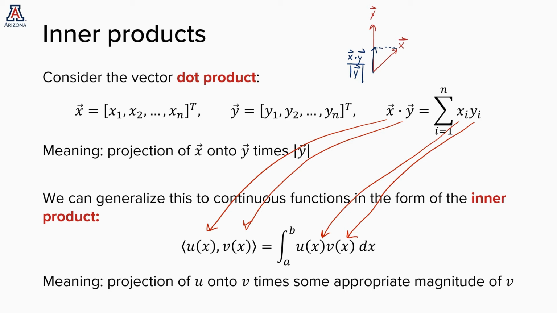And so this becomes immediately a strong candidate for trying to determine what our Fourier coefficients are, because we can take our signal and perform an inner product with sine and cosine and use that to determine how well our signal matches up with sine waves and cosine waves.